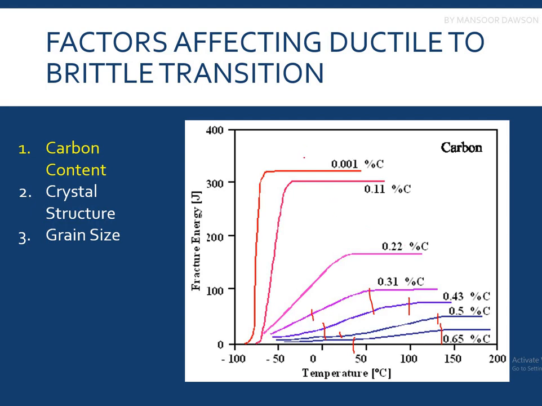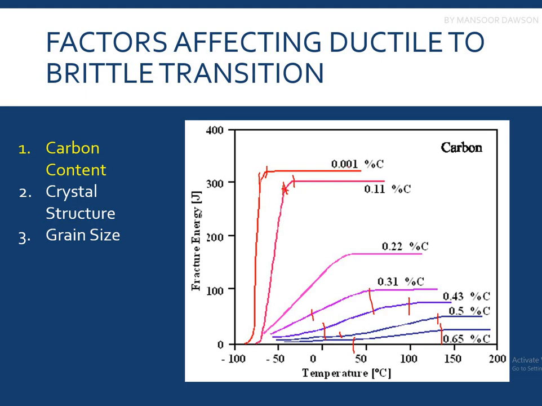And when we reduce the carbon content, you can see that there is a very small range of transition temperature. So the material would not give us an indication, but a ductile material would immediately fail in a brittle manner when the transition temperature is reached at the brittle fracture point.